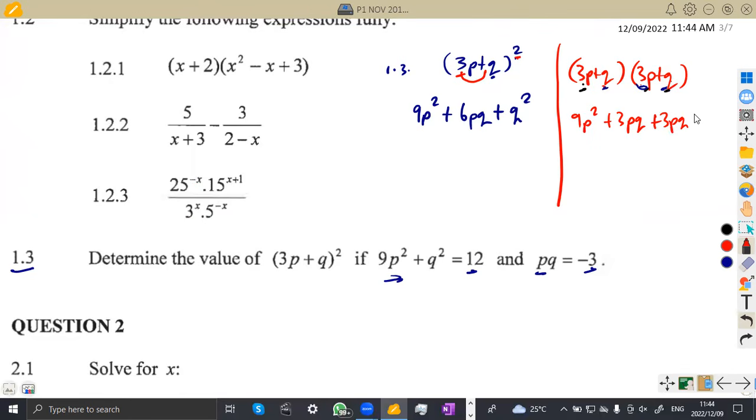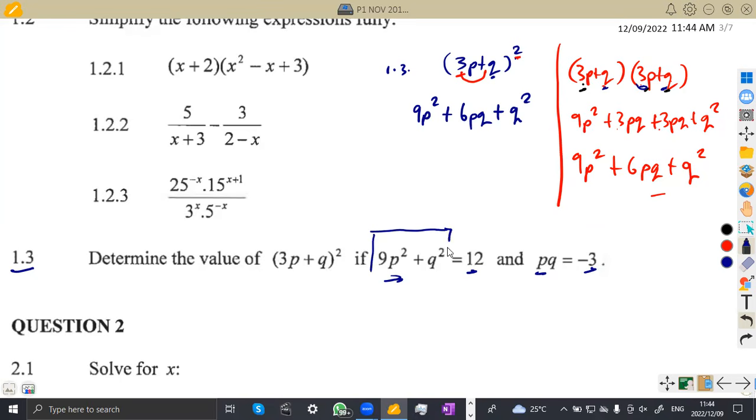Then it's q and q here, which is q squared. So as you can see, we have put like terms, 3pq and 3pq, which is going to give us 6pq plus q squared. All right, so as you can see, you're obtaining the same expression just like what we did by using the identities, by expanding normally.